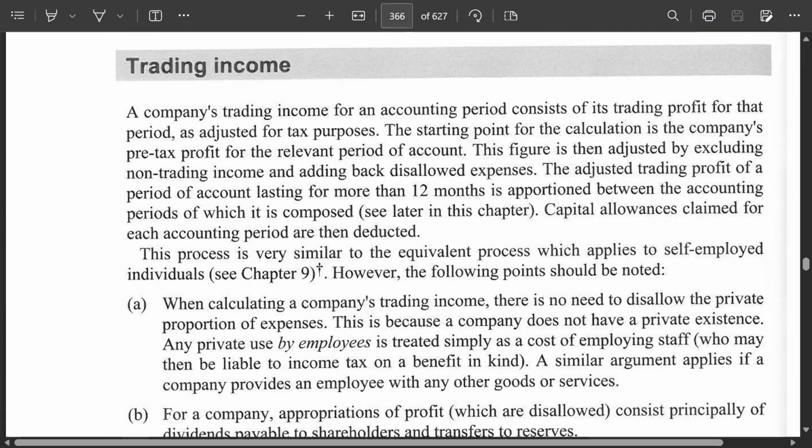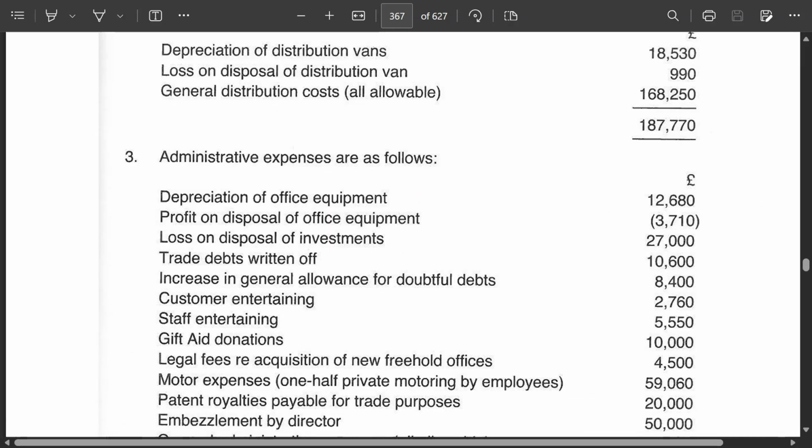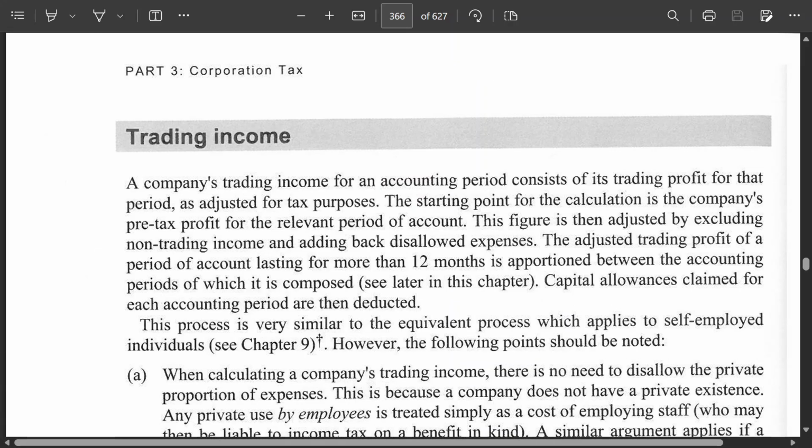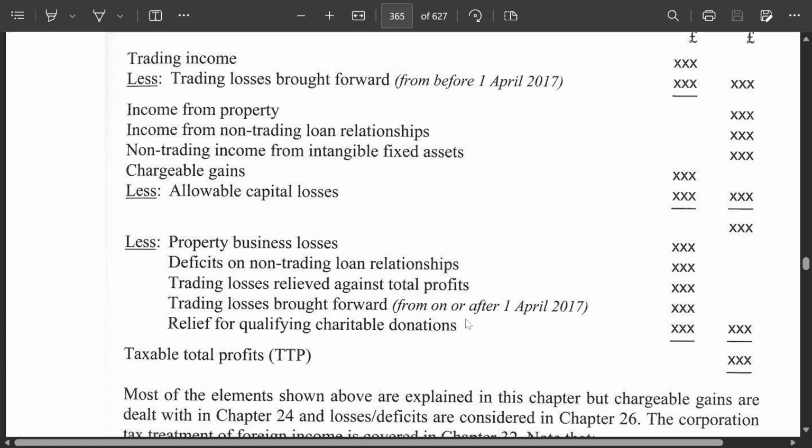And then you have taxable trading profits, and then you have what is trading income. Then there's also a larger pro forma given in the, yeah, this is the format I was talking about for arriving at TTP. But TTP is only one line of the full pro forma, which has your chargeable gains.